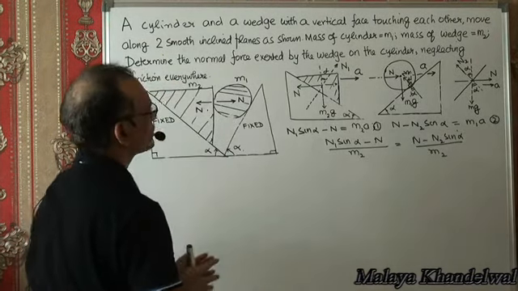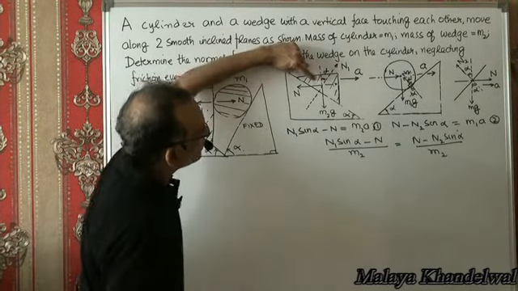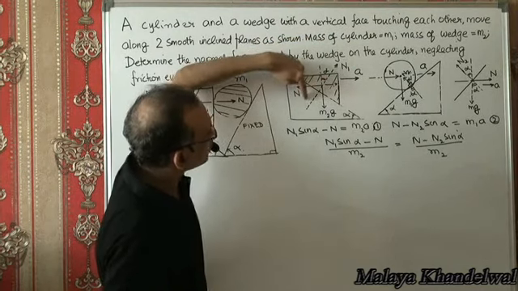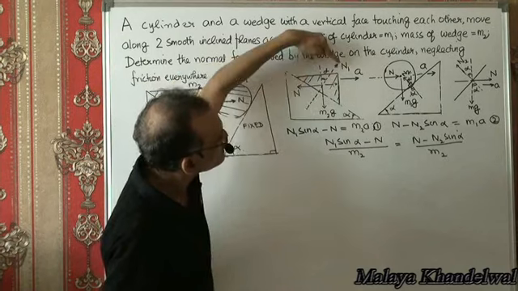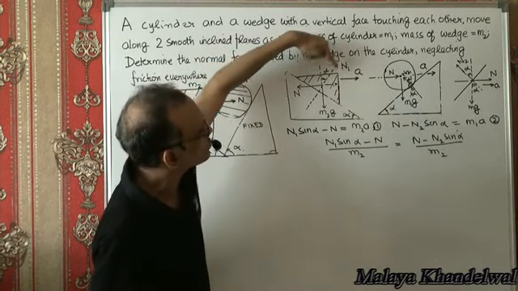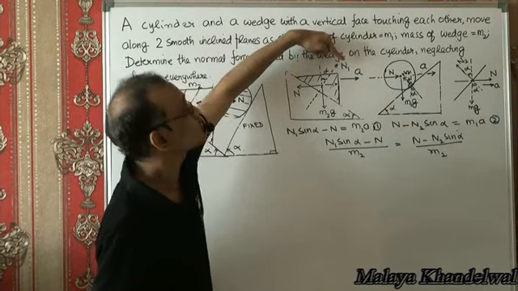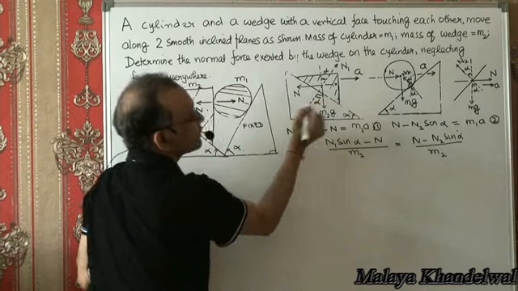So what I do here to eliminate N1 and N2 is to look at the wedge side of the story. It remains in contact with this inclined plane, and this inclined plane is fixed. So in this direction, the net of all forces acting on this wedge must be 0, which means what? Look, this angle is alpha.